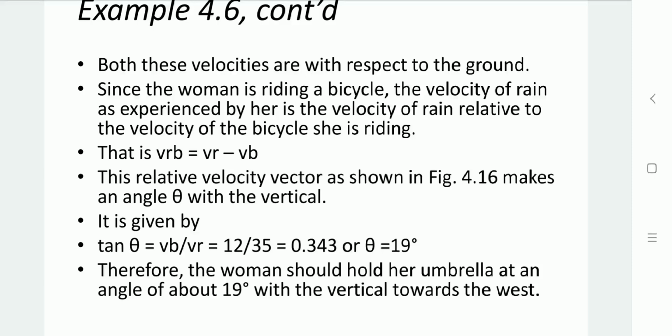The angle theta is the angle between the resultant vector and the vertical reference line. So tan theta equals VB by VR. So that angle we have is 90 degree. So the woman should hold her umbrella at a 90 degree angle with respect to the vertical towards west.